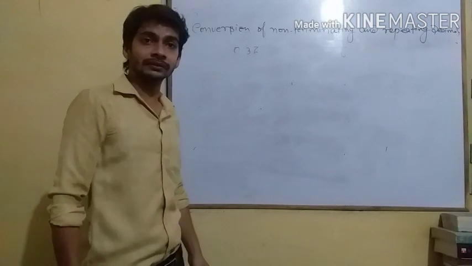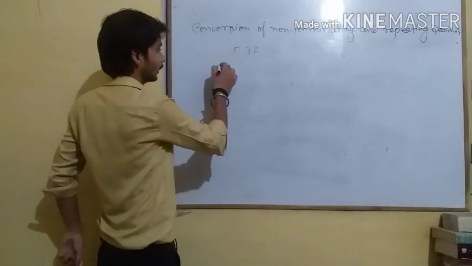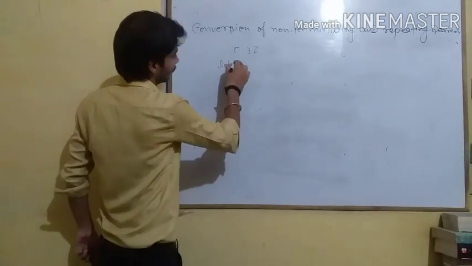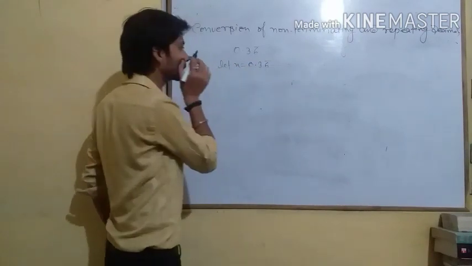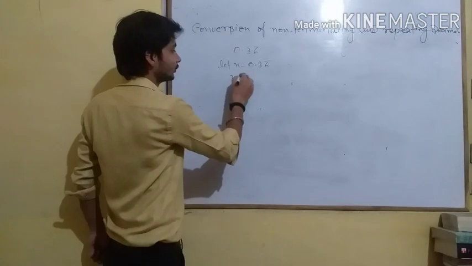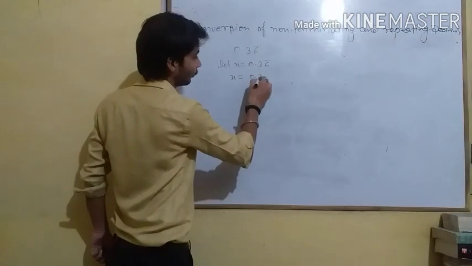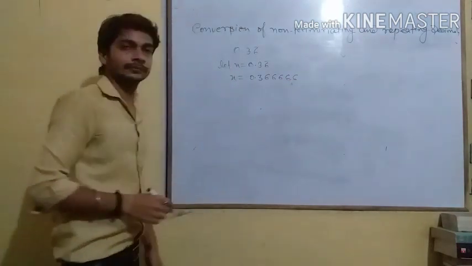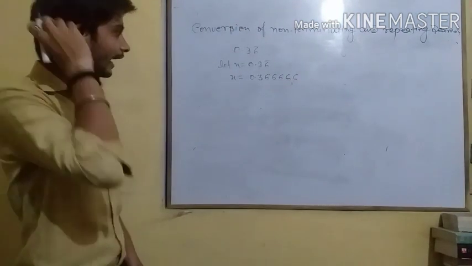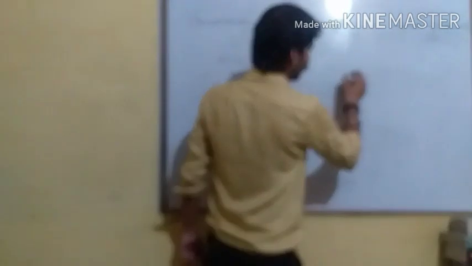So in this question, first let x equal 0.36 bar, and we write x is equal to 0.36666 and name it equation number 1.